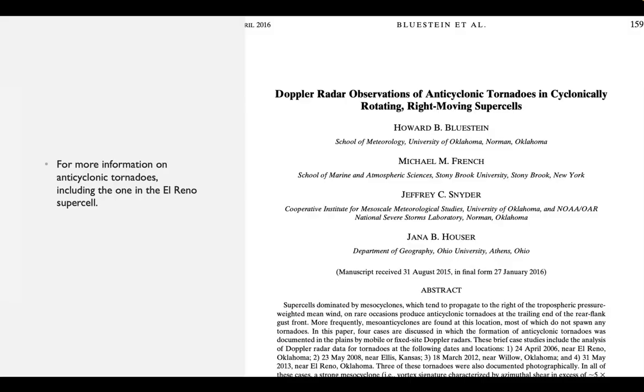This is the only paper of its kind that I'm aware of that really goes into great detail about the anticyclonic tornado. I haven't read it myself, but I'm really looking to do that soon. So I would highly recommend looking into it if you are interested, since there was an anticyclonic tornado that occurred with the El Reno tornado.